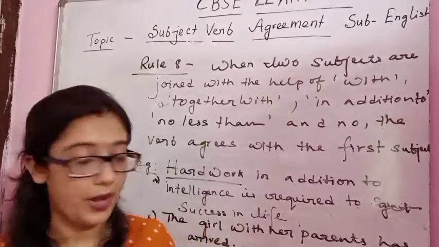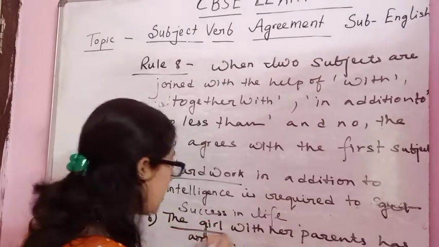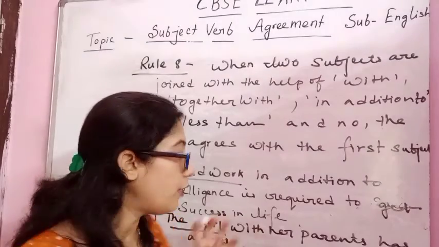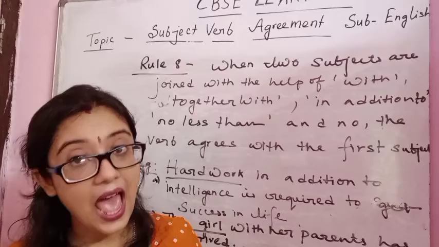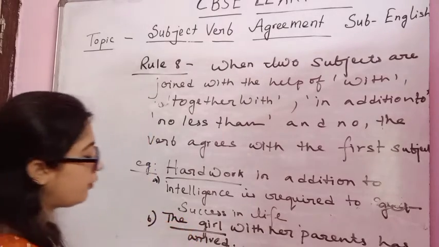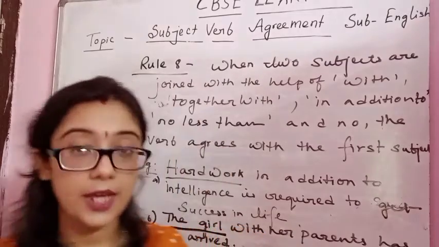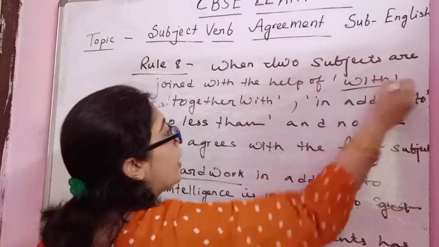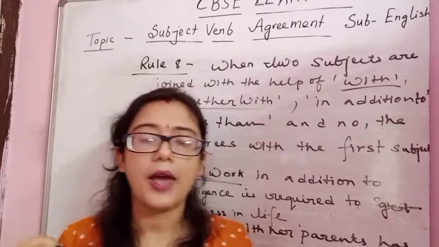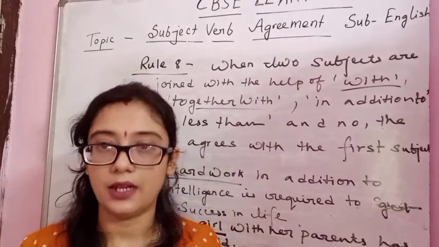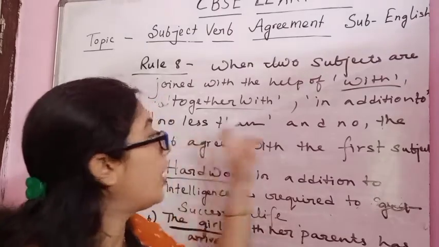But we are agreeing with the first subject, that is the girl, and we are using "has." If these words are there, like "with," "together with," "in addition to," "no less than," when we say "I am no less to blame than her," we go with the first subject.